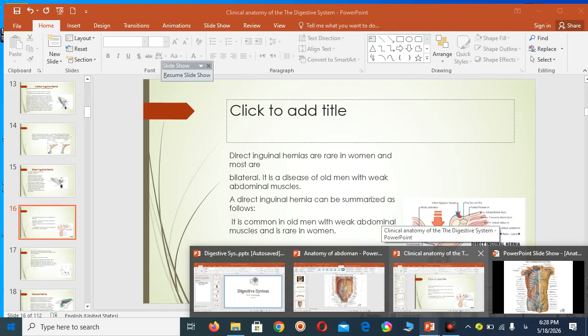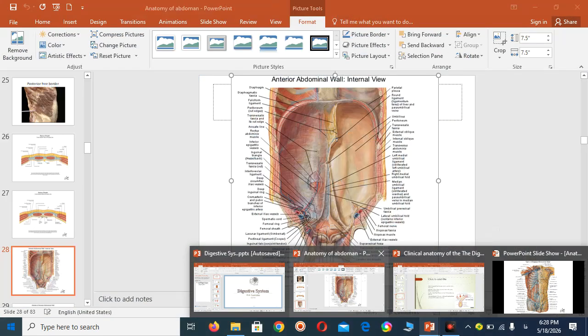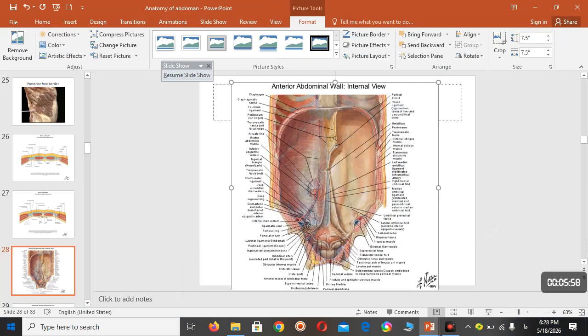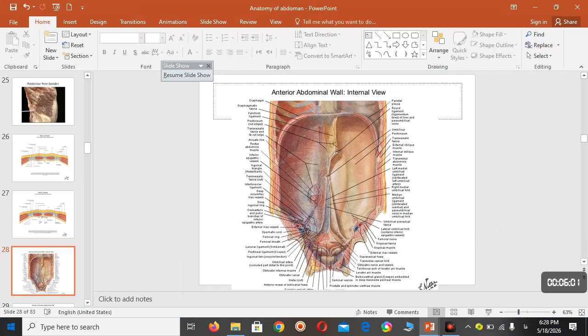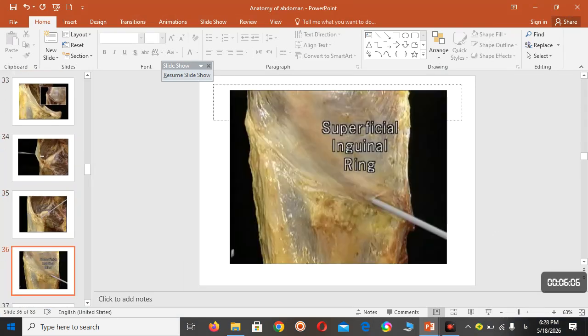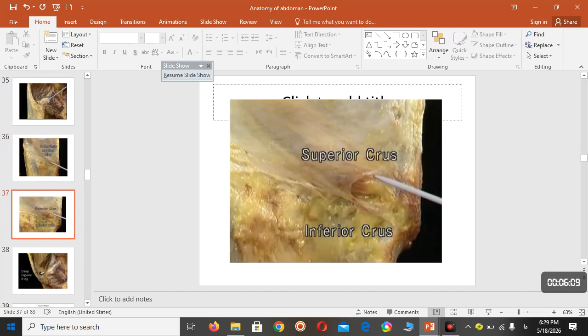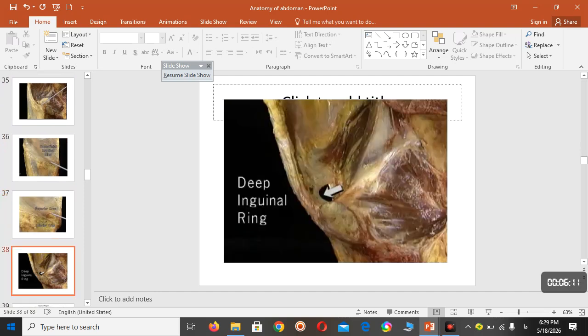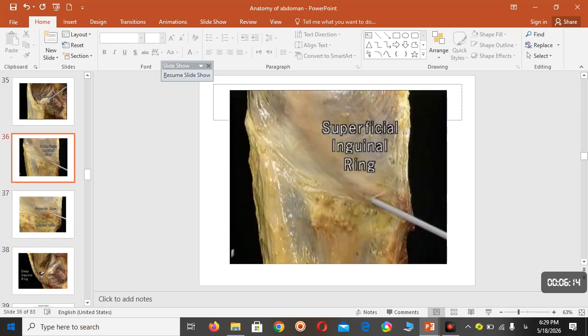The inguinal canal is in the anteroinferior abdominal wall, because you know the gonad in the fetus is in the lumbar region. Here you can see the anterior wall of the abdomen.